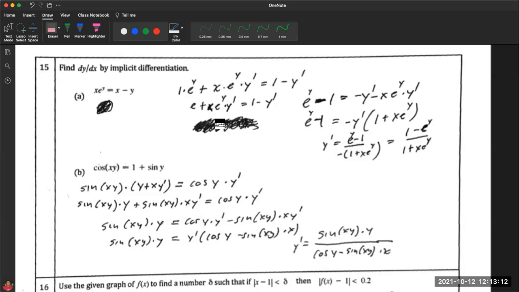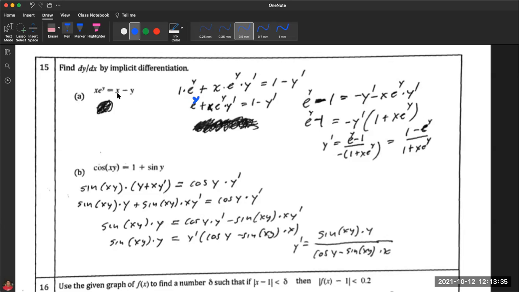Now where does this come from? As I look at our work here, did we do something here? So we have 1 e to the y plus x e to the y, y prime. Oh, I just forgot to write e to the y there. There's an e to the y there. Good.